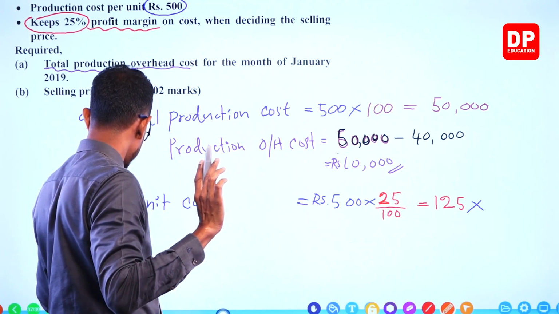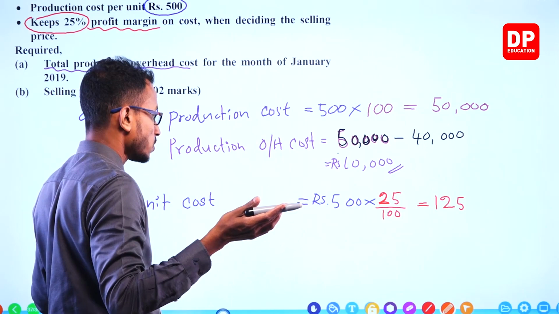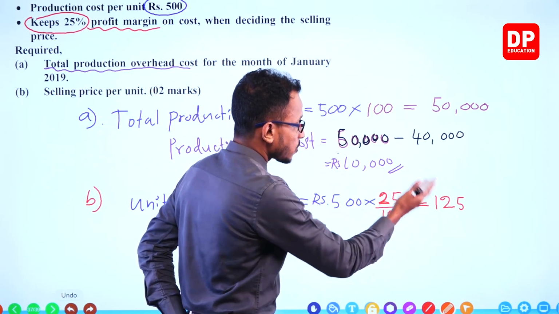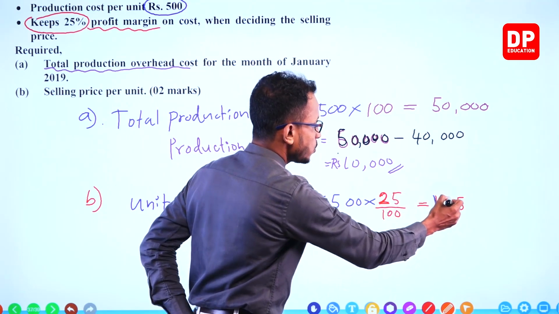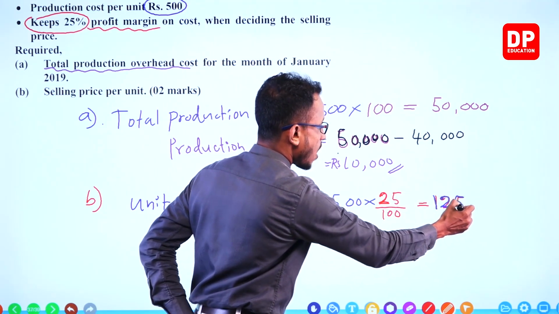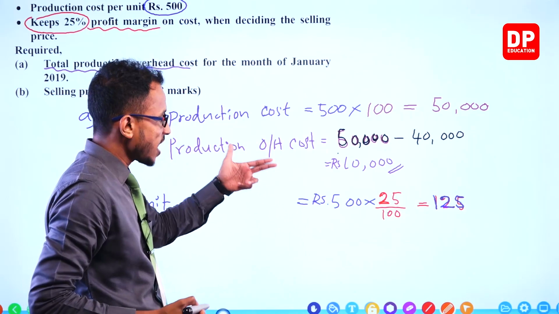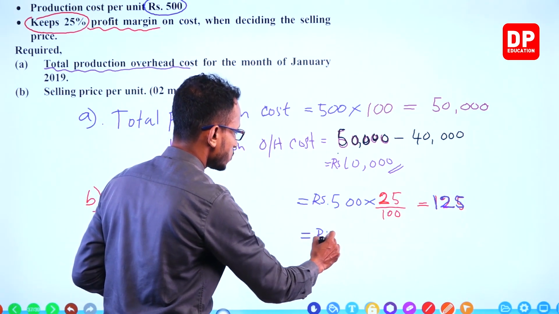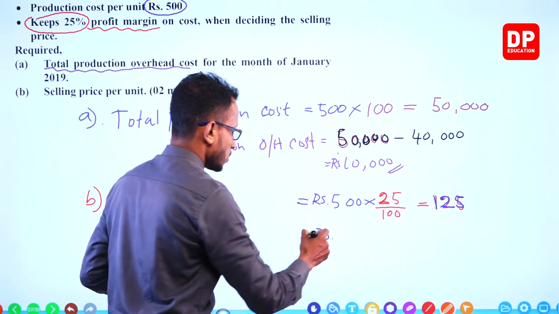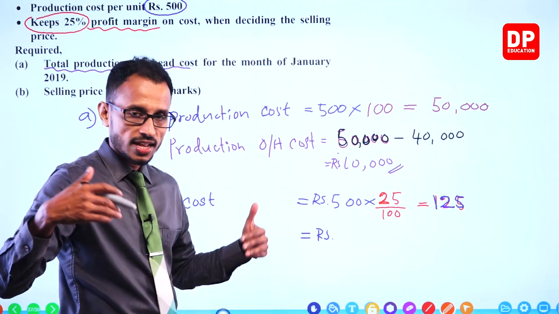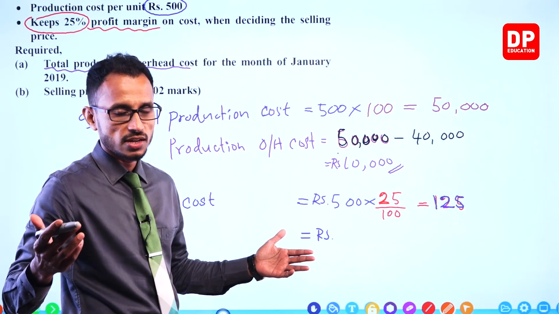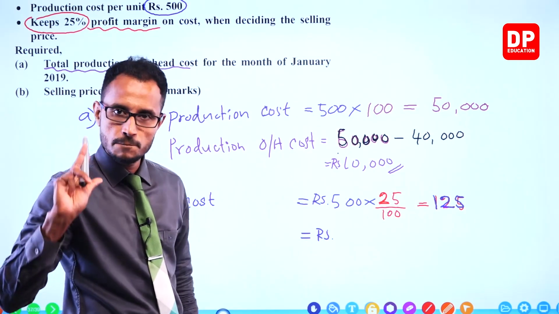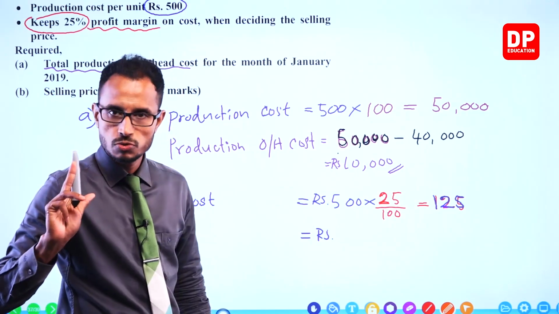So, what should you do? You know what to do, right? If they keep a profit of 125 from one chair, the chair is costing 500 rupees to produce. That means they spend 500 per chair to make one chair.